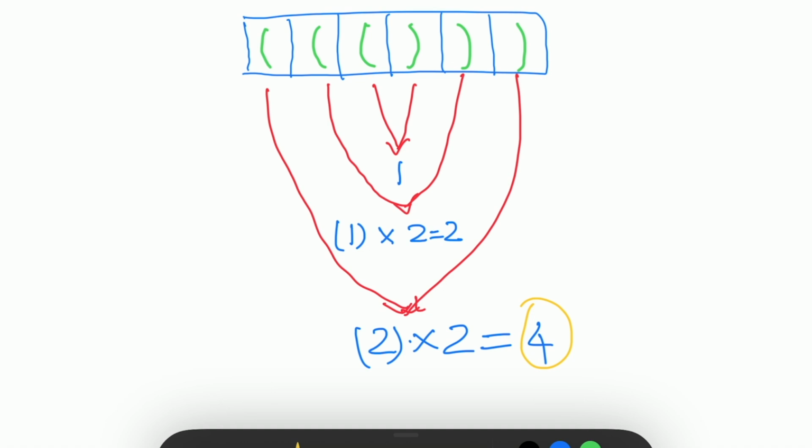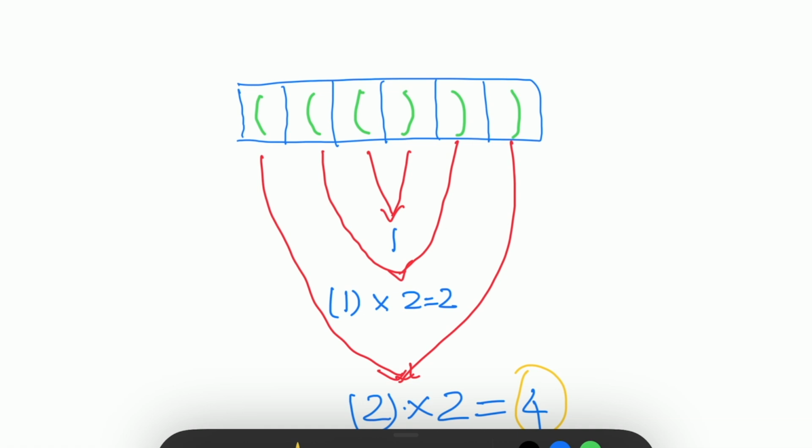So this is the final value. We can also calculate it in another way. For example, when we are iterating through each character, when it sees the first open parenthesis, the score would be 0 here. When it again sees an open parenthesis, the score is 0.